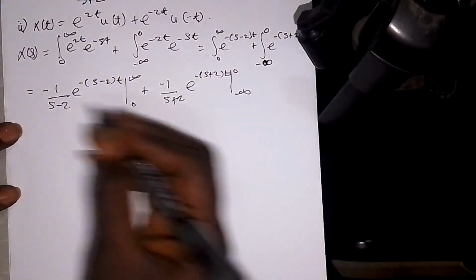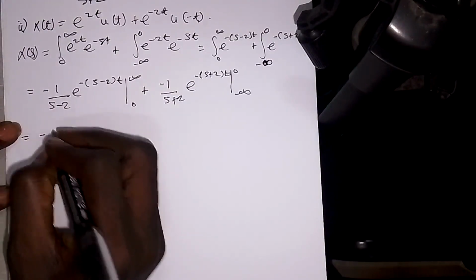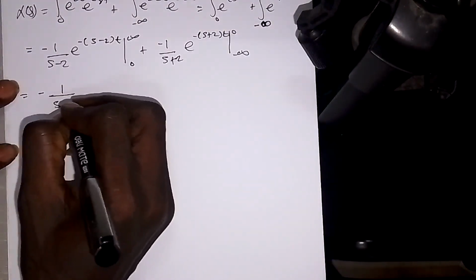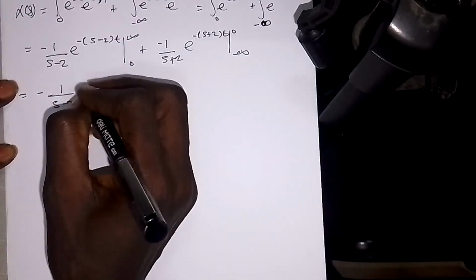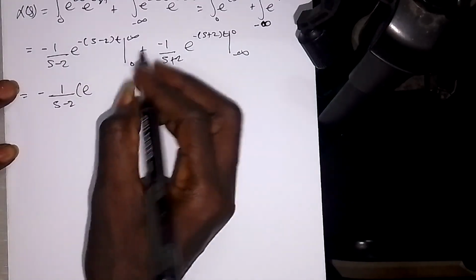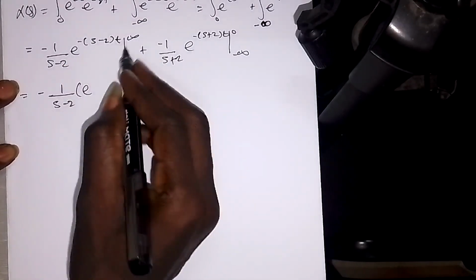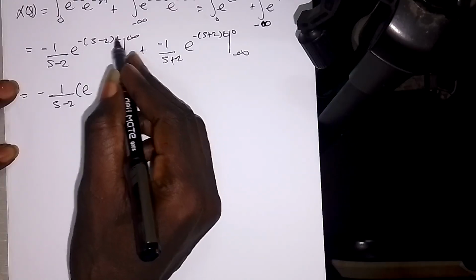Now if I introduce my limits, I'll have minus 1 over s minus 2 into e to the minus infinity, since if I put infinity it goes to minus infinity.